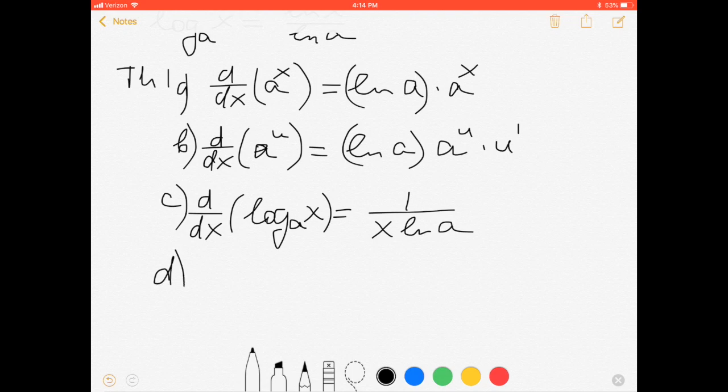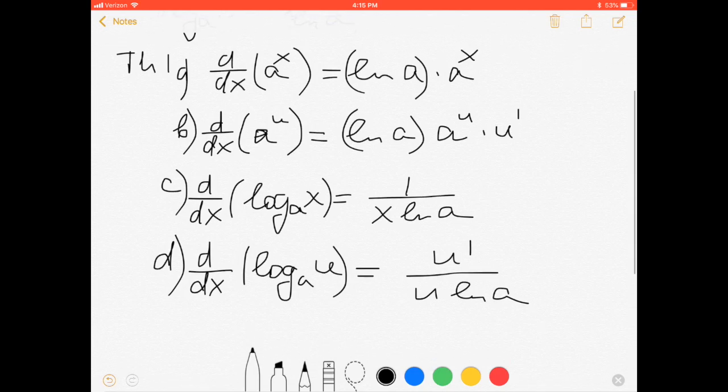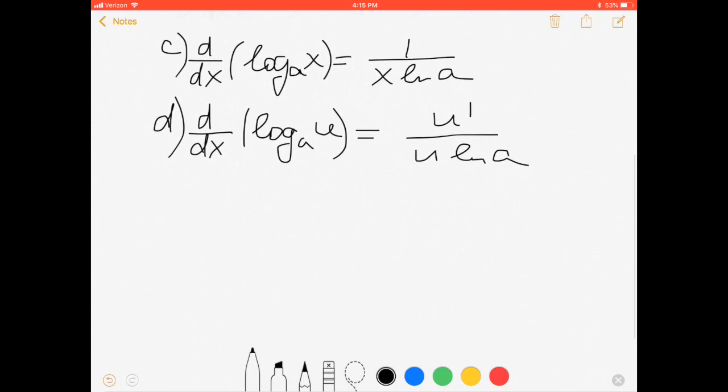And the last formula, d/dx of log base a of u, if you have some function here, will be u prime over u ln a. Well, let's try to prove something. I think if you prove a and c, this automatically proves b and d, because b and d come from a and c and the chain rule.